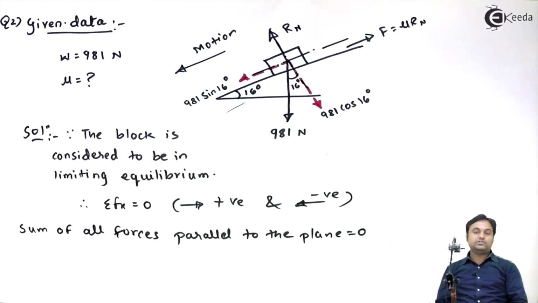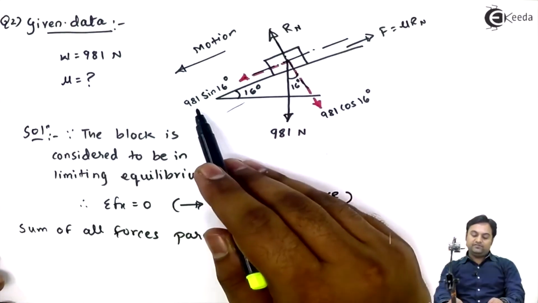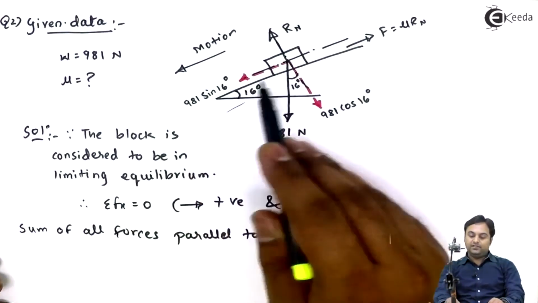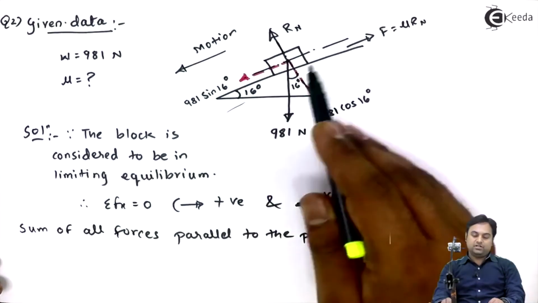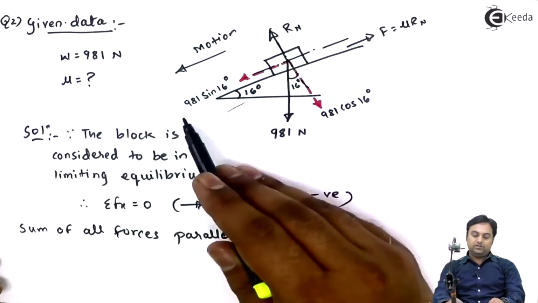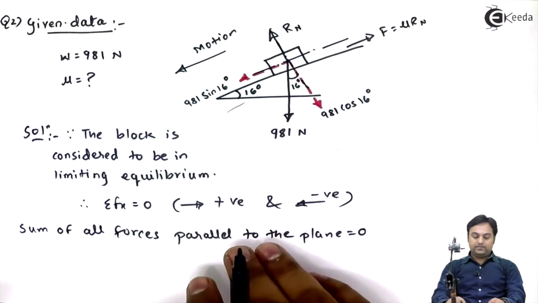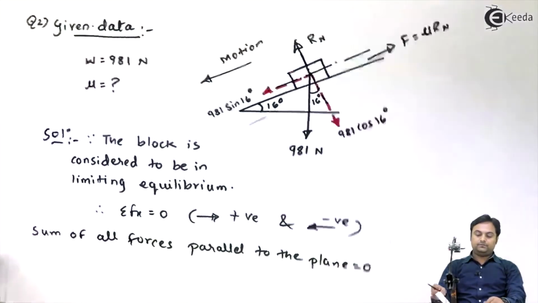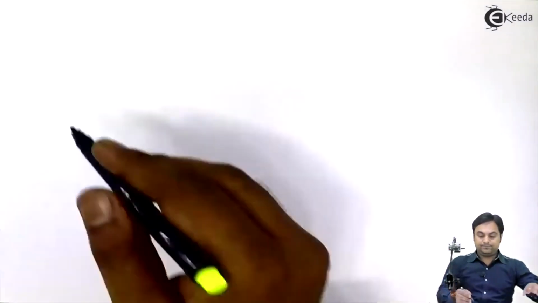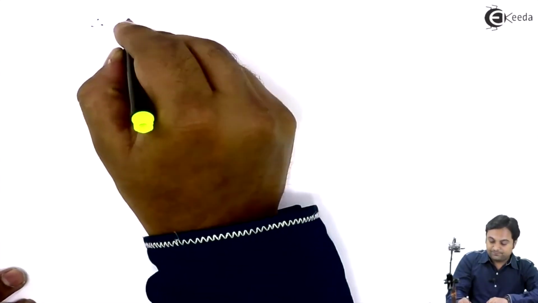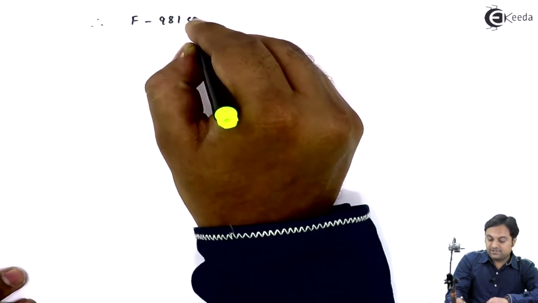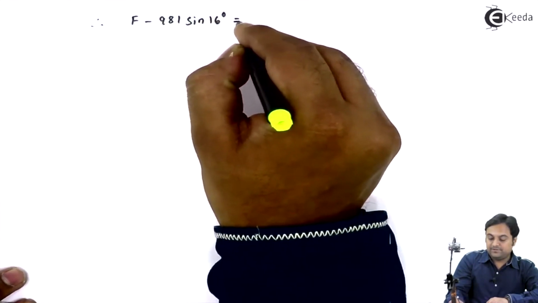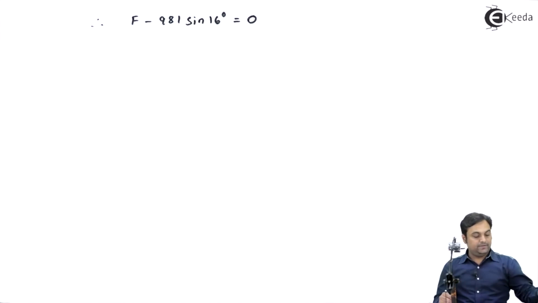Now if we look at forces parallel to the plane, here we have 981 sine 16 which is parallel, and here F is parallel to the plane. So upward forces along the plane should be taken as positive, downward forces should be negative. Therefore F minus 981 sine 16, this will be treated as forces parallel to the plane.